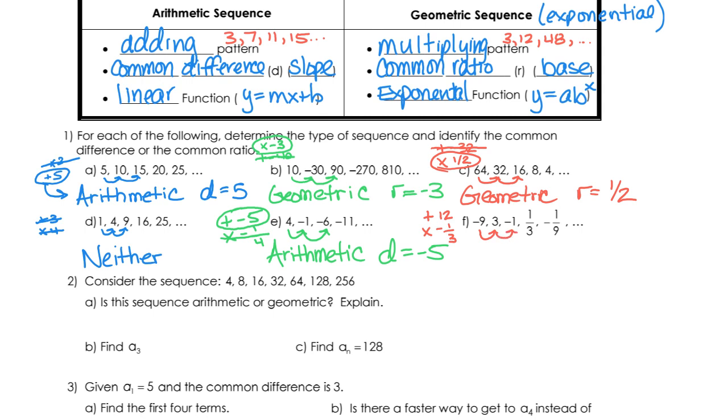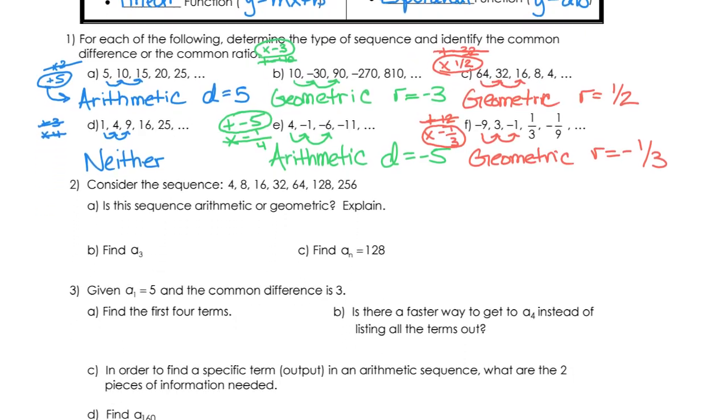To get from 3 to negative 1, well, that's not adding 12. But that would work if I multiply 3 by negative 1/3 to get negative 1. And so because I'm multiplying, this is geometric. Geometrics have a common ratio or an R value, and that's what you're multiplying by, which is negative 1/3. Okay. So hopefully you get the feel for those.